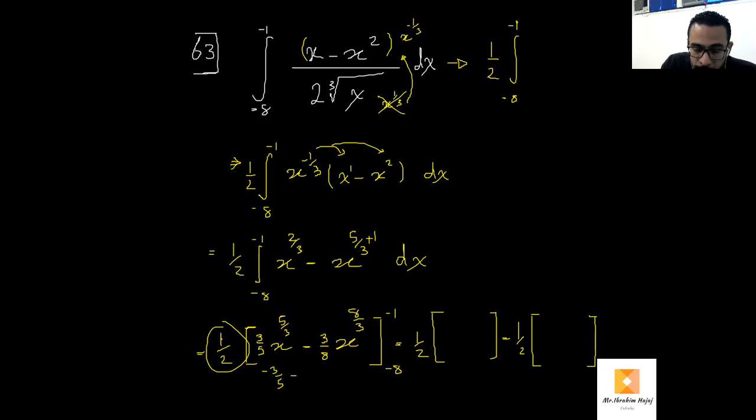And negative 1 to the power of 8 over 3 is positive 1 now because it's an even exponent, so it's 1. Negative 9 over 40. All negative 9 over 40? Yes.